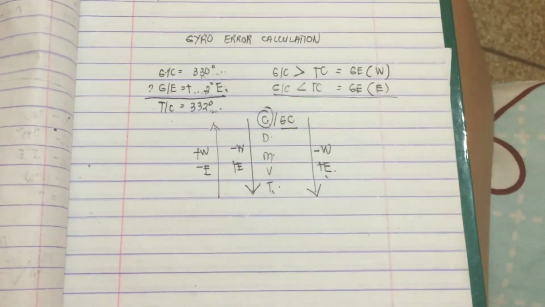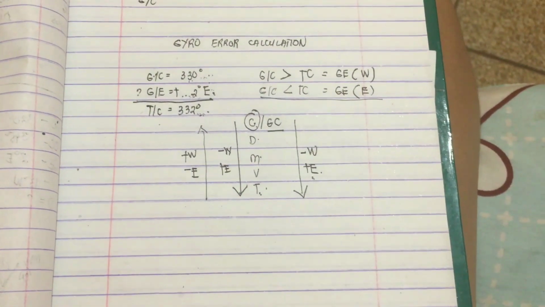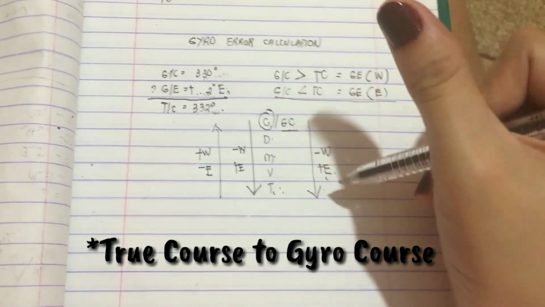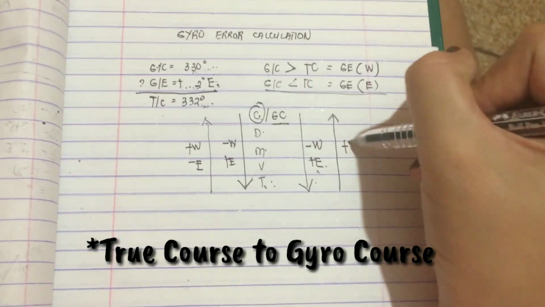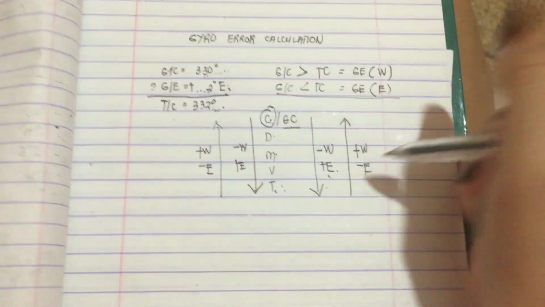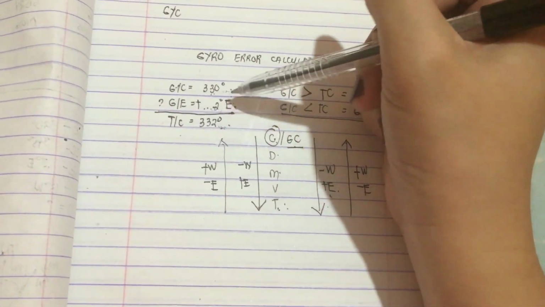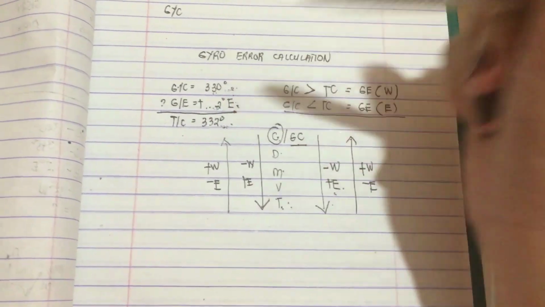Okay, so if you want to check if the answer is correct, you can also use true course to gyro course, which means add westerly and subtract easterly. So what should be the value of gyro error in order for us to get the 330 degrees gyro course?